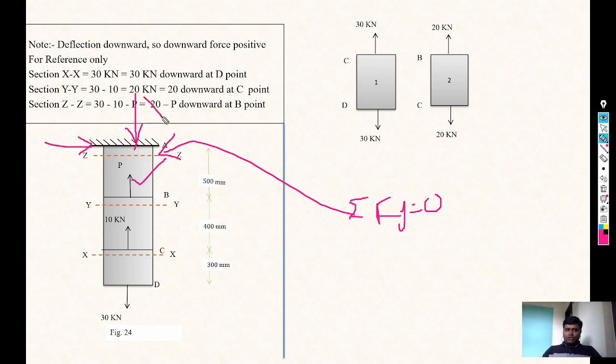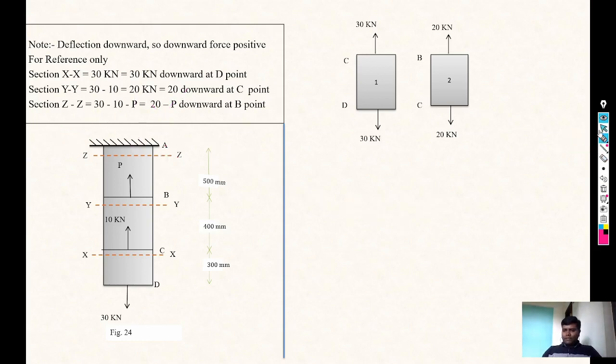So those support reactions are also unknown. So to calculate any unknown force in a section, we can apply summation Fx or summation Fy equals 0 if both ends are free. Just keep this point in mind.